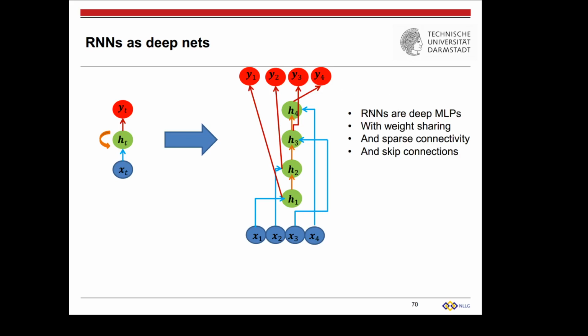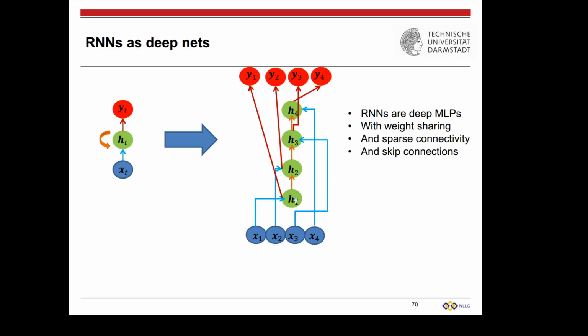So RNNs, if drawn like this, you can see that they are deep multi-layer perceptrons. They have weight sharing. Where's the weight sharing? Well, here all these matrices are shared, right? In a standard multi-layer perceptron, we have no weight sharing, but here we have weight sharing. With sparse connectivity, what does it mean? Not everything is connected to everything. Like this input is only connected here, and this input is not connected here, right? So it's sparse connectivity. We have skip connections. What does it mean? We skip something here.